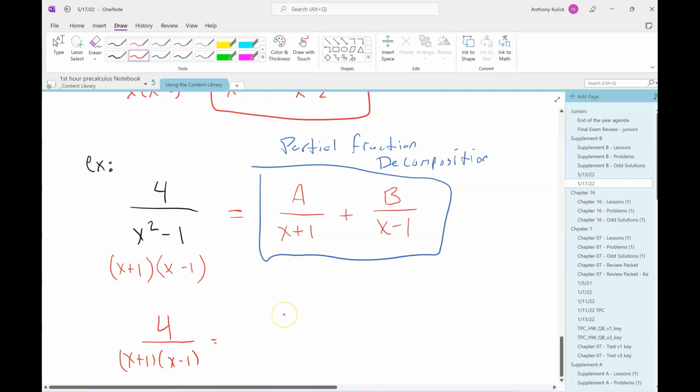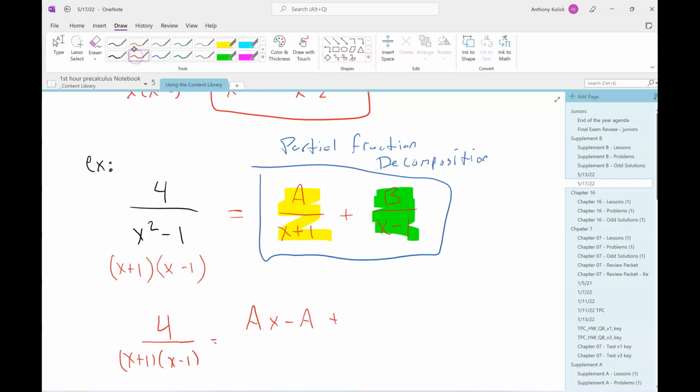So what do I have to multiply the first fraction by? x minus 1. Everybody agree with that? And then what do I have to multiply the second fraction by? x plus 1, right?